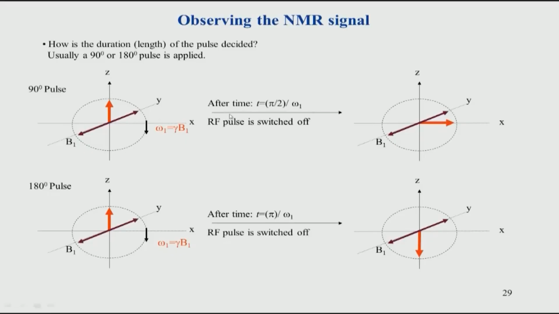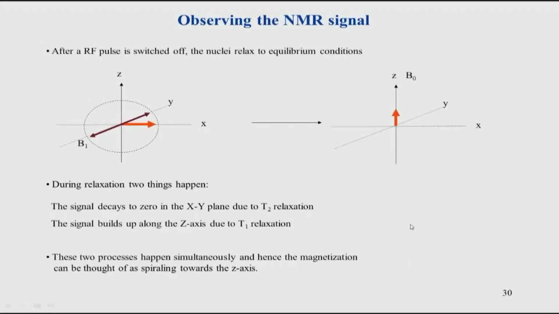Flip angle is the angle by which the magnetic vector rotates around the B1. So, if it rotates by 90 degrees when the B1 is applied, we say it is a 90 degree flip angle. If it rotates by 180 degrees, we call it a 180 degree flip angle. So, these two types of pulses, the 90 degree pulse and 180, are basically the most important pulses, and this will be the one which will be used always in all the experiments.